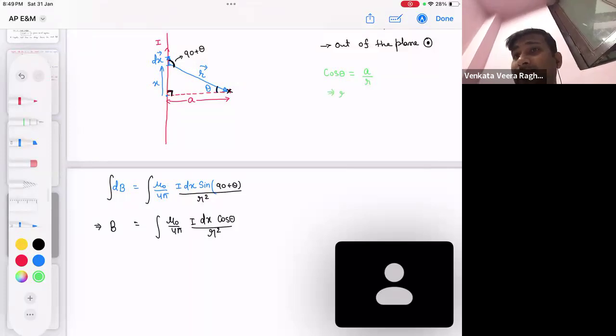Please check it. So what is r? r is a by cos theta, which means a sec theta. I'm going to convert everything into the theta variable. So r is replaced in terms of theta. a is a constant in the problem, no need to worry. Next, how do we convert x into theta?